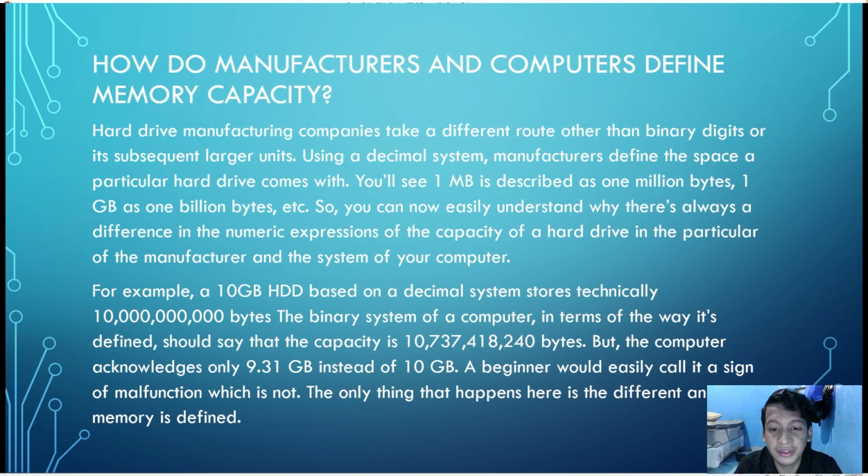You'll see 1 MB is described as 1 million bytes, 1 GB as 1 billion bytes each. So you can now easily understand why there's always a difference in the numeric expression of the capacity of a hard drive between the manufacturer and the system of your computer.